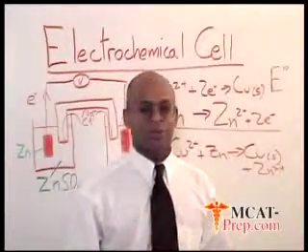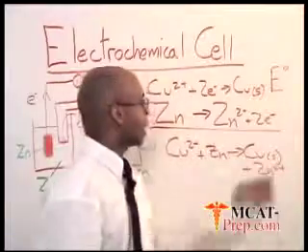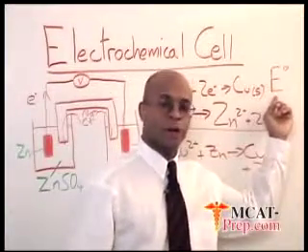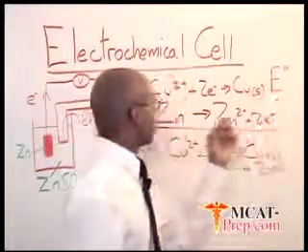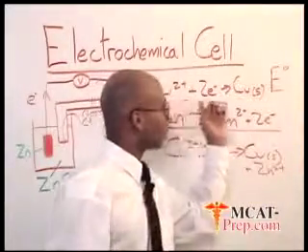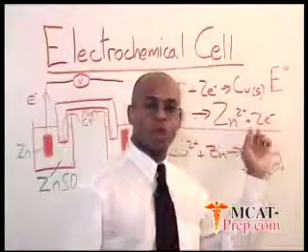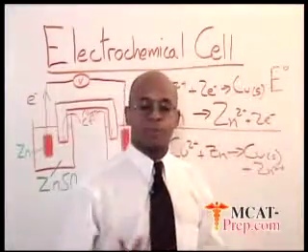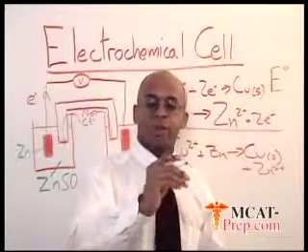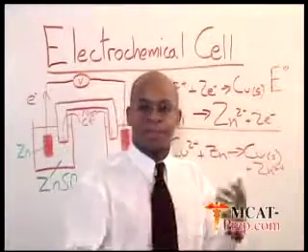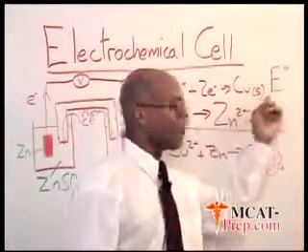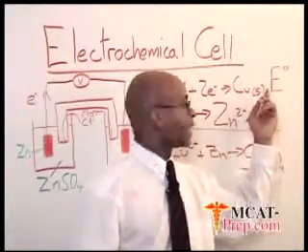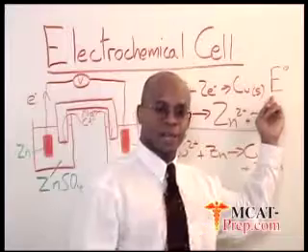That is important for the following reason. Because it's standard conditions and the concentrations are standardized, if you were to multiply your reaction through by any kind of coefficient, like we did before, where we multiplied through in order to get 2 electrons to balance our equation, you do not multiply the E0 value by a number because the concentrations are standardized.